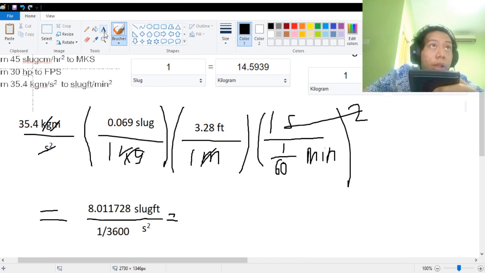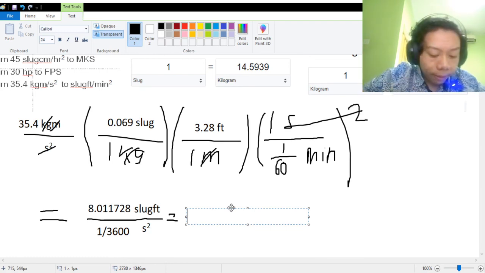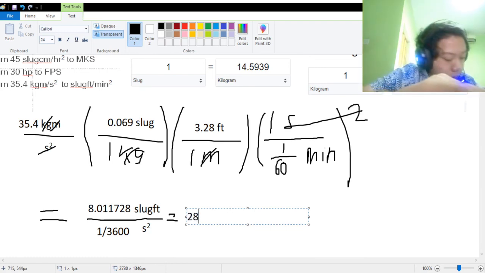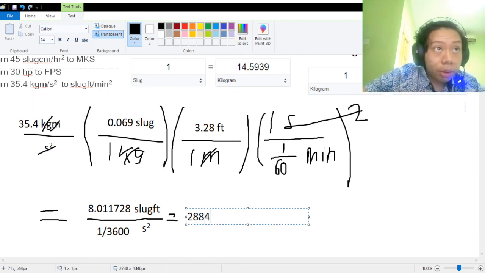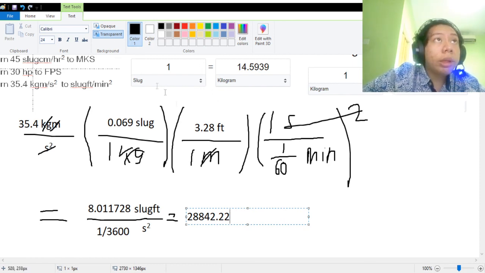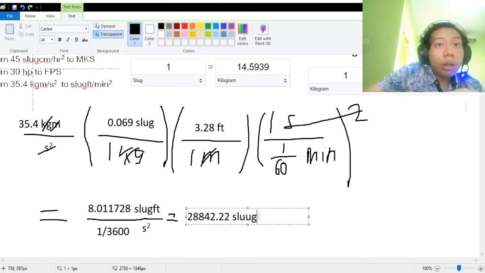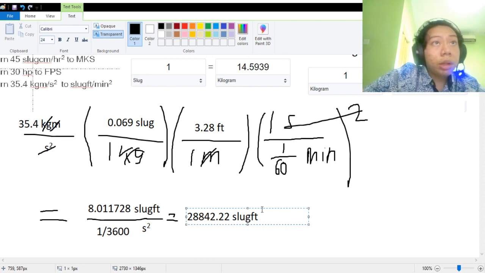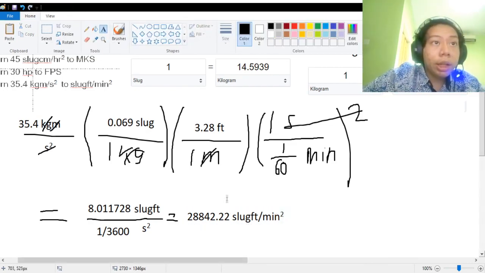It is 28,842.22 slug feet over minute squared. So here is the answer.